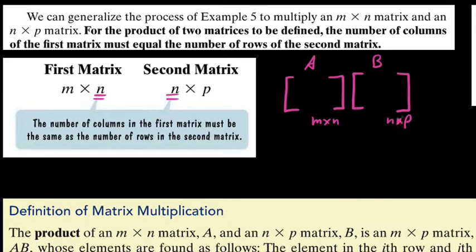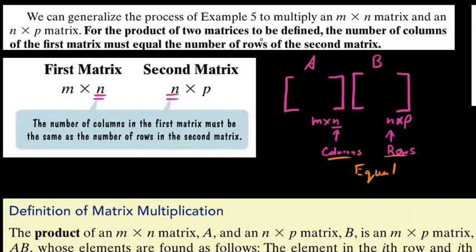Exploring what this would mean, the number of columns on the first matrix would be equal to the number of rows on the second matrix. We're going to make a little note here. These are equal. If these are equal, then matrix multiplication is actually defined.